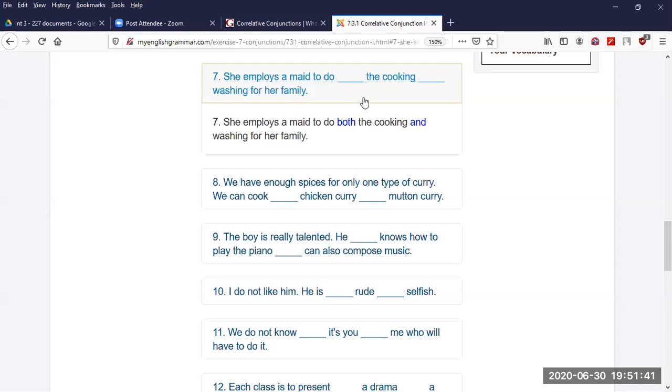So here the clue is in the first sentence. One type of curry. And we have two types of curry. So we can cook chicken curry.